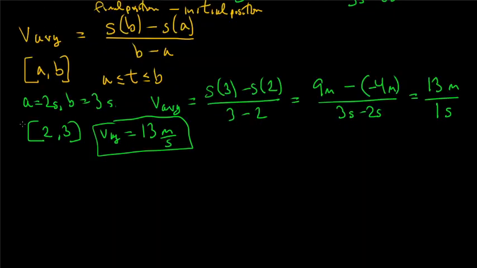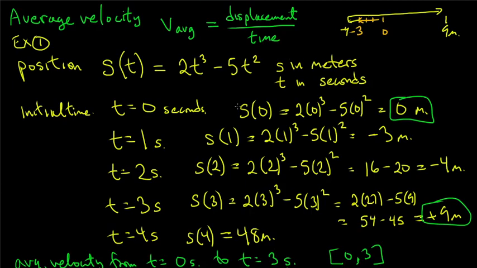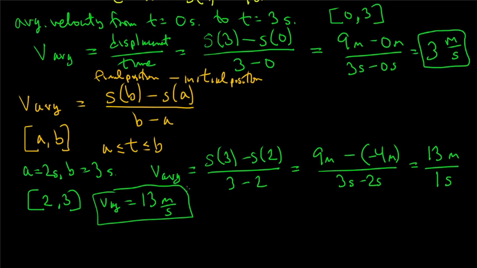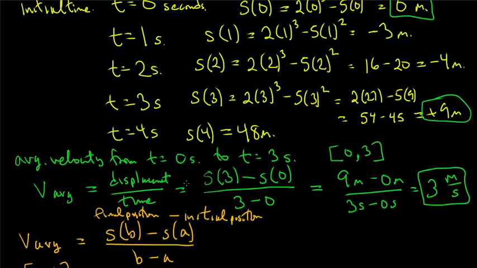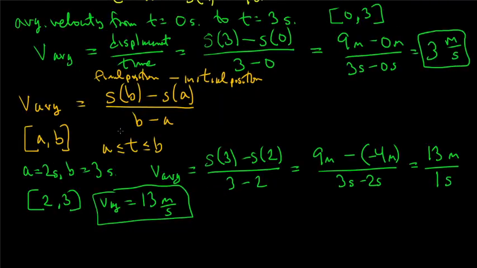So we can do a lot of examples of these. In fact, you're going to be doing a lot of these for homework. These two examples are calculating average velocity, a velocity during some trip, some time interval.